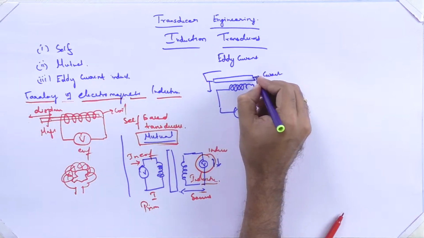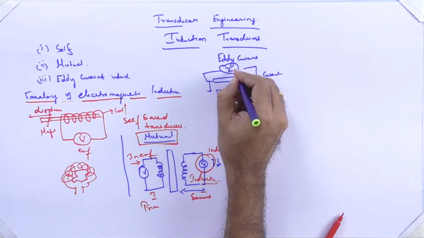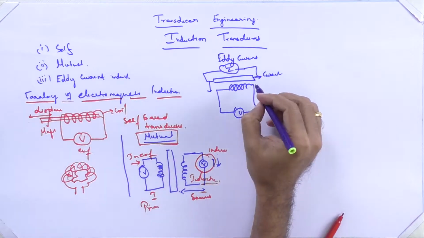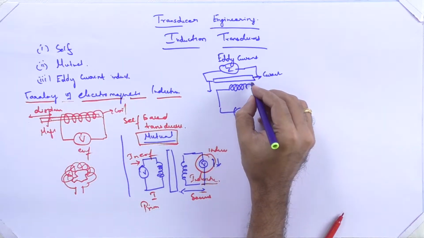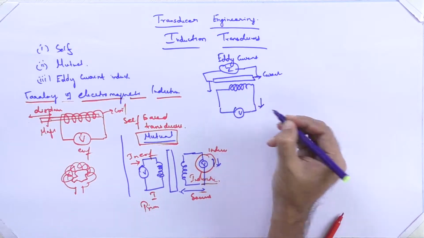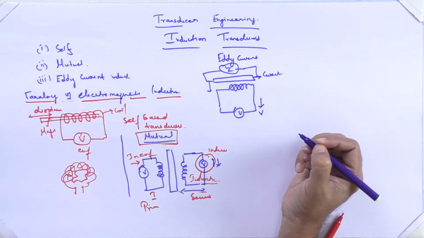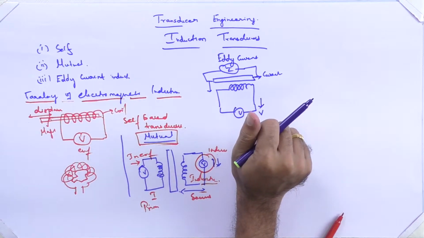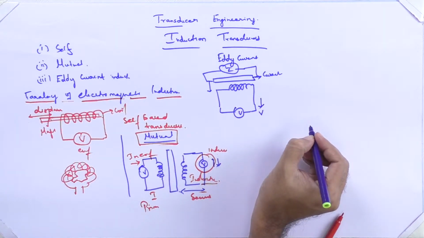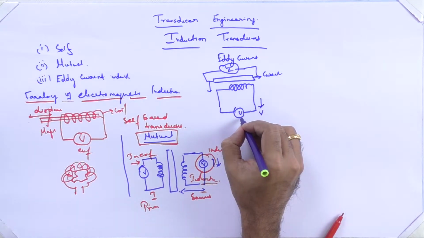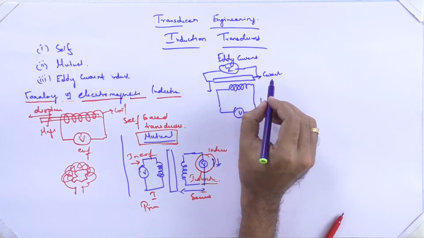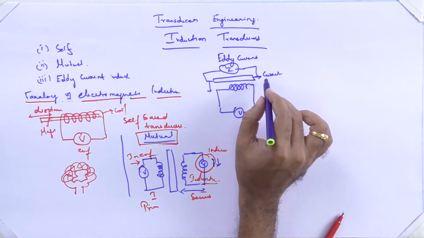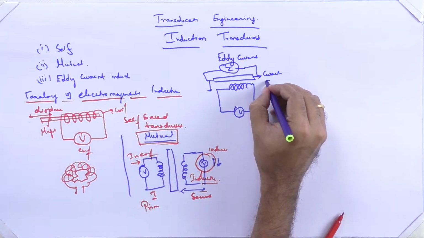You can measure the current value, and this opposing current that is generated will create a decrease in the voltage, because it is an opposing current. This decrement is proportional to the amount of current that is produced, and this current is called eddy current.